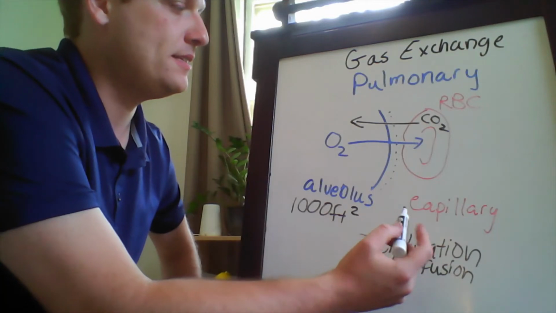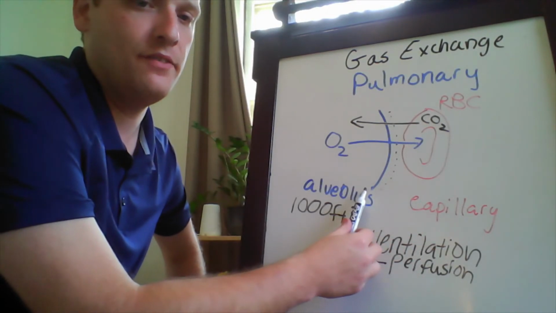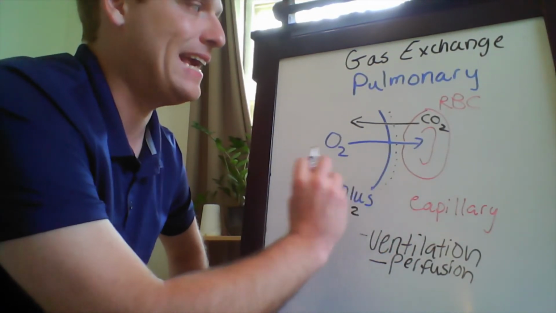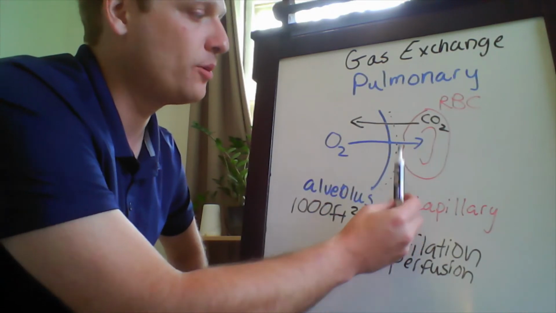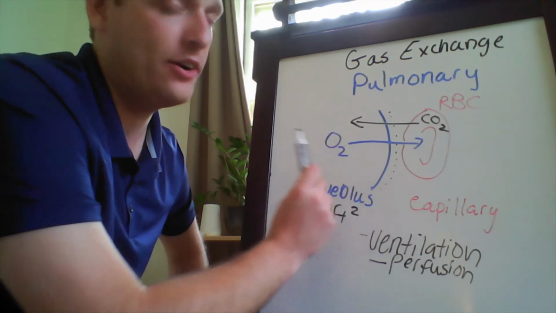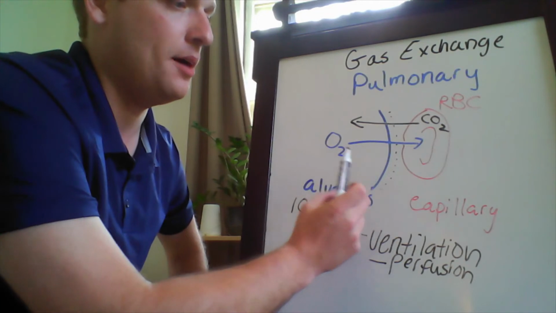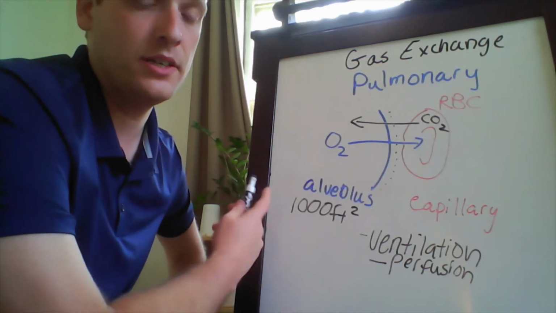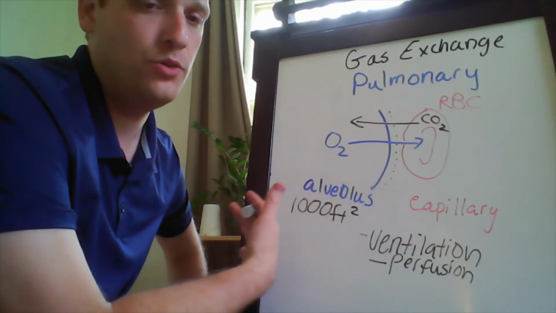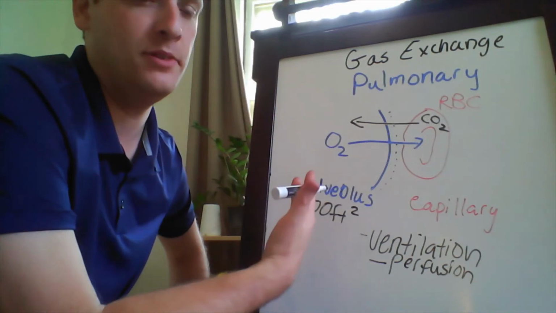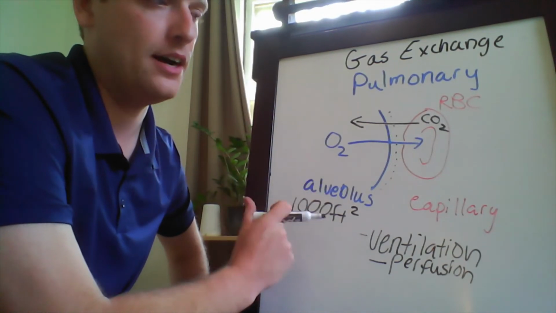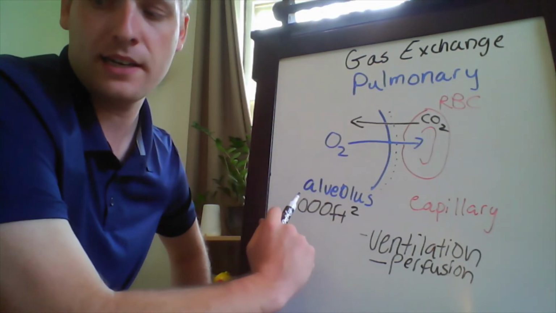And that's because they're going to optimize this gas exchange. So the more blood flow there is, the more air there should be to optimize the amount of gas exchange that's going on, to make it so that your breathing can optimally provide things like oxygen and get rid of carbon dioxide.